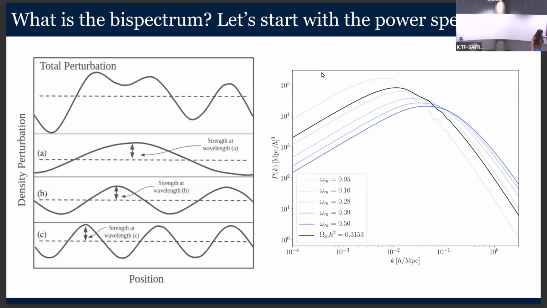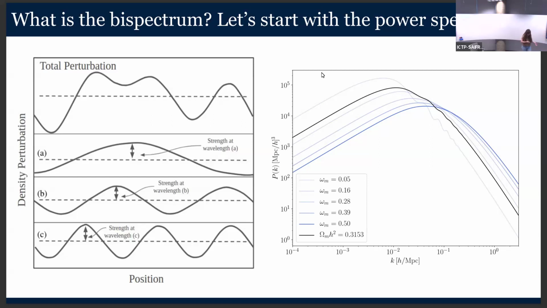You can take this wavelength, compute the corresponding wave number, and go to your power spectrum and check that, for example, at 10 to the minus 2, this wavelength is contributing most. So you know precisely which wavelength gives you most of the contributions to your total perturbations.